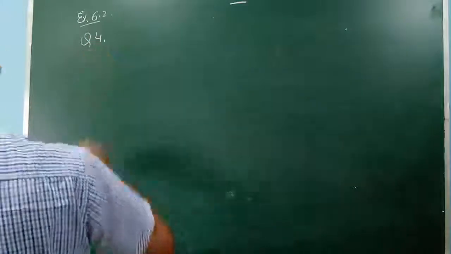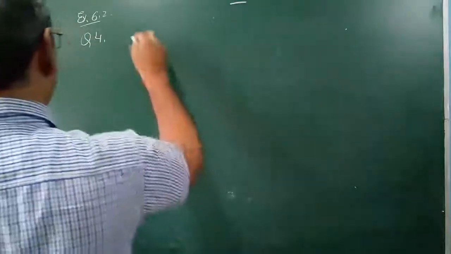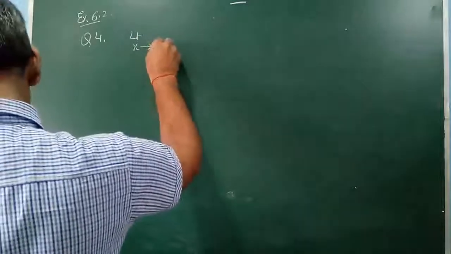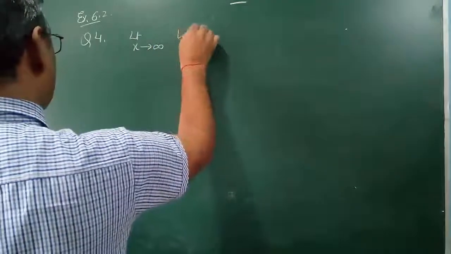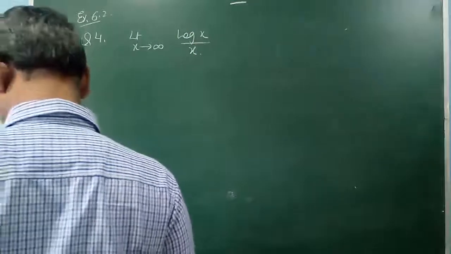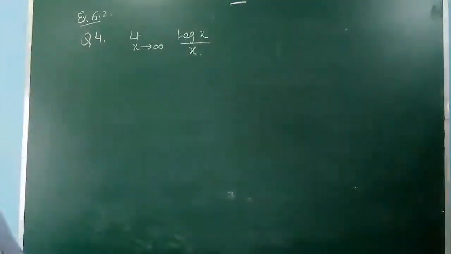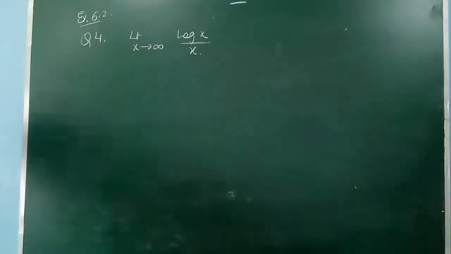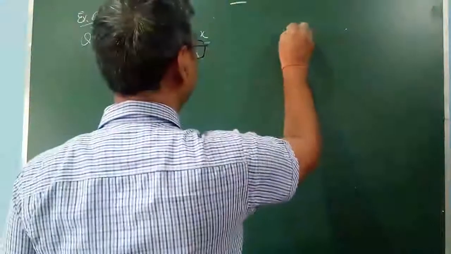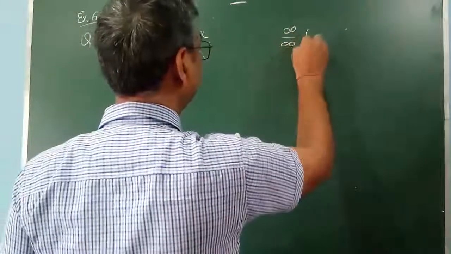Now question number 4. Limit x tending to infinity log x upon x. What is it? This is infinity by infinity form.